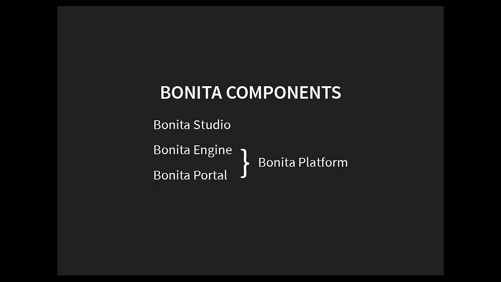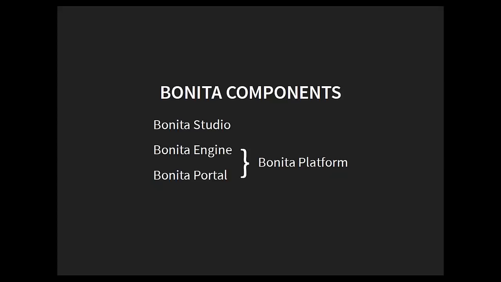That will be the definition of your processes and application overall. But this definition that you're making obviously needs to be executed. So this other component, called the Bonita Engine, will help with that. The engine is basically the component that will execute all your processes, or your applications, the way you define them.